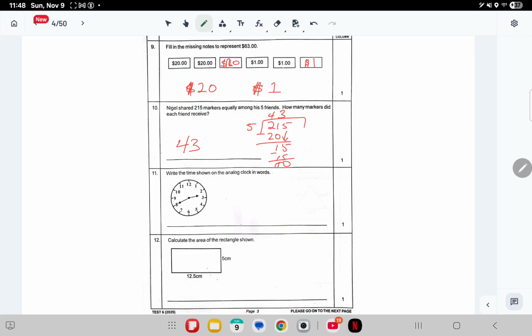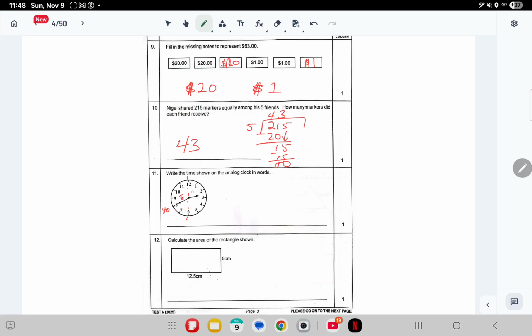Write the time shown on the analog clock in words. So we know the long hand is pointing to the 8, which is 40 minutes. And the hour hand is pointing between the 2 and the 3. So if this is 40 here, we know this is on the 2 side.